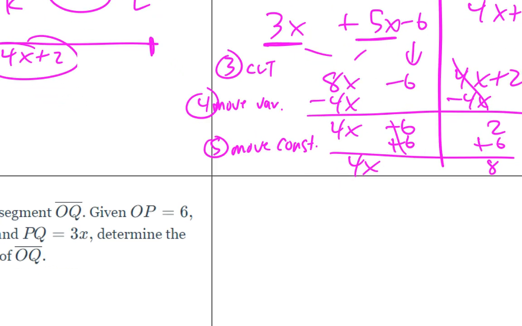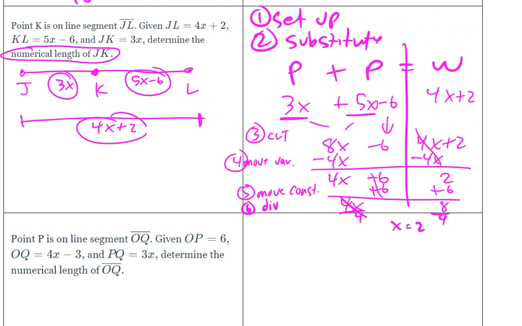Next, the last step: solving. We're going to divide that side by 4, divide that side by 4. That cancels out. So x equals 2. Now that we know x equals 2, we're almost there, but we haven't quite finished yet.